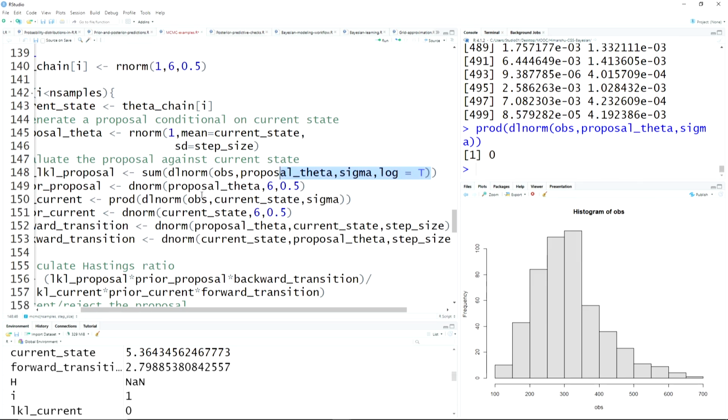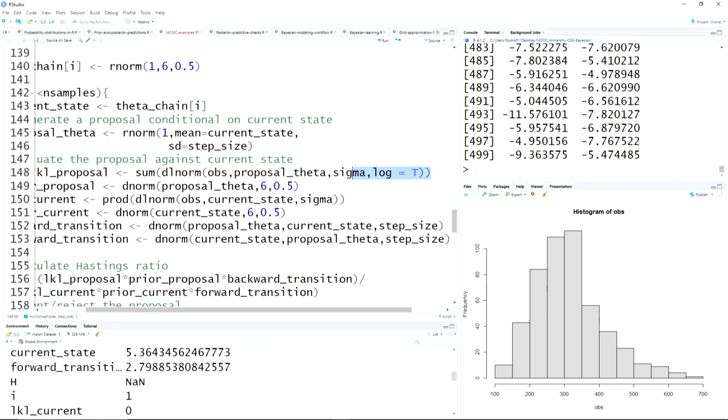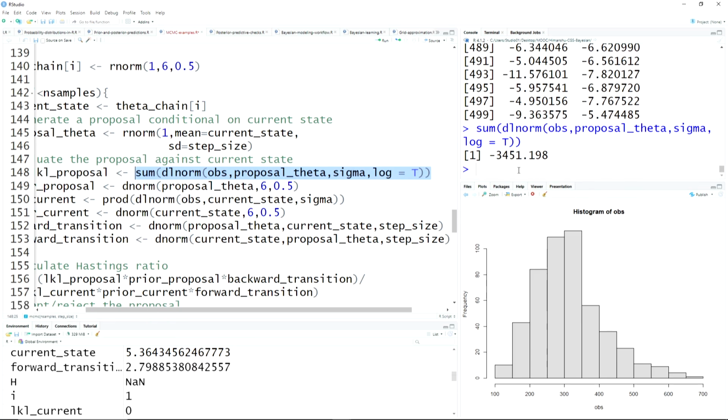When I put this argument log equals TRUE, this gives me these likelihoods on log scale. See, minus 6, minus 11, these are small negative values, and when you take their summation, the log likelihood is still a reasonably small negative value. So, minus 3451, right.